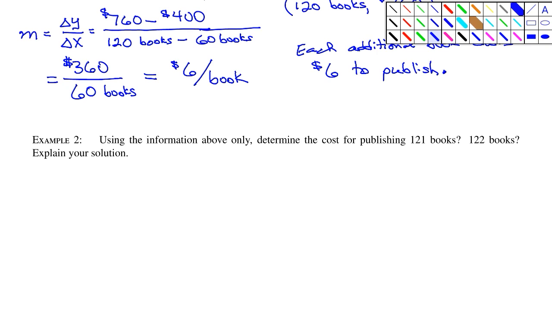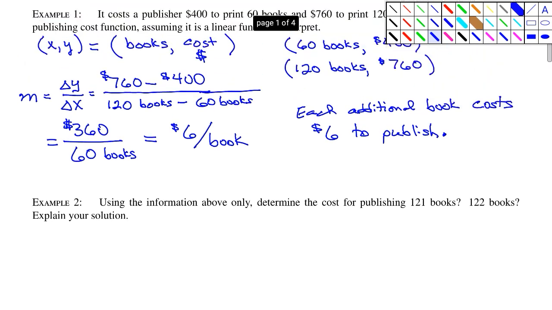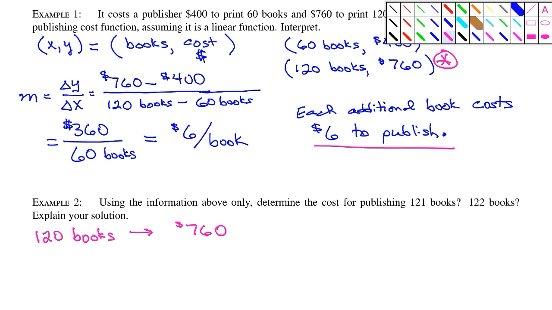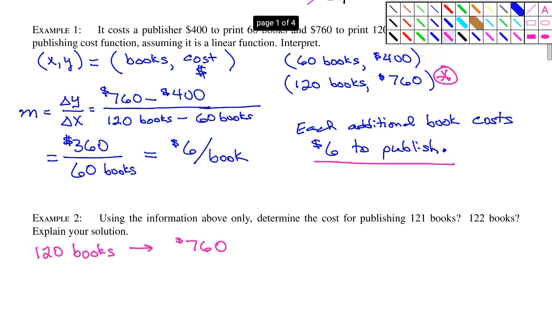In this case, we had this point right here: 120 books, cost $760. And now we know the slope, and that it cost an additional $6 to publish each new book.